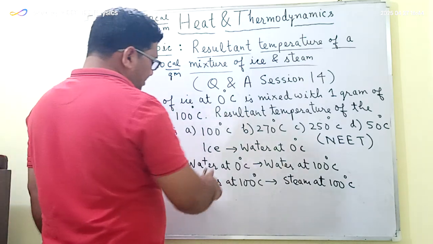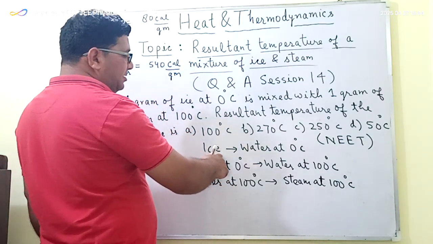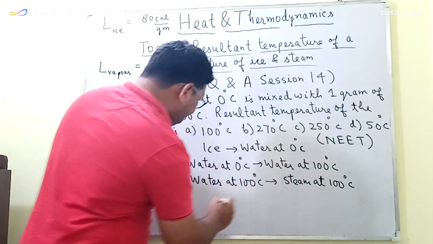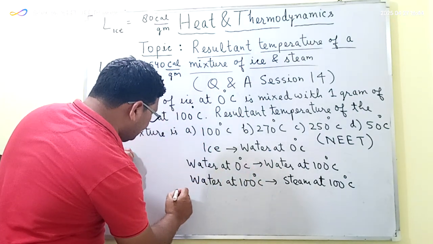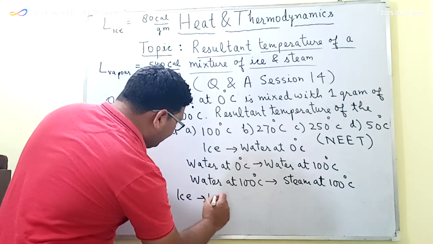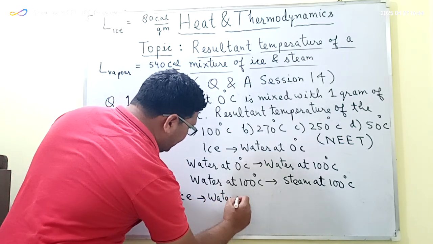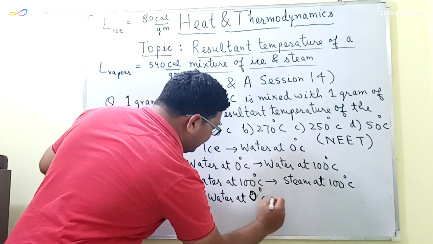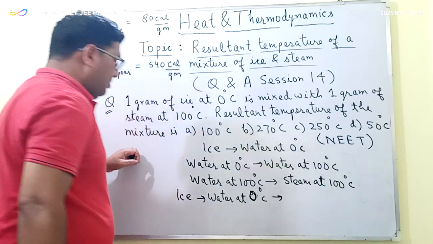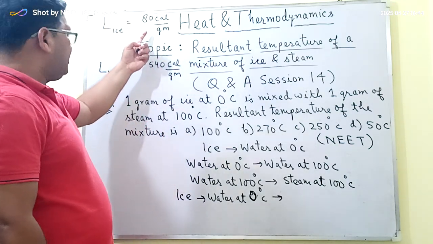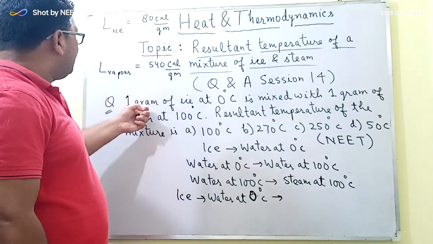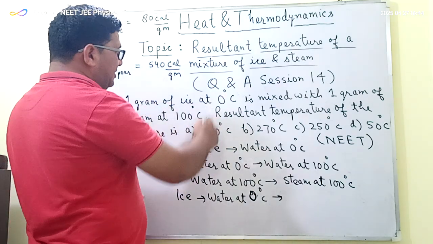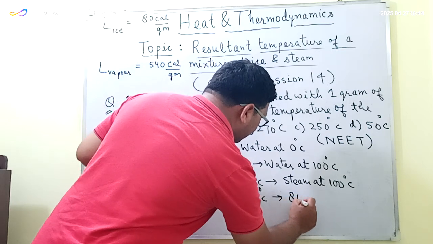So in this case, when the ice gets converted into water at 0 degrees centigrade, then the amount of heat absorbed by this 1 gram of ice in getting converted into water at 0 degrees centigrade will be equal to 80 calories.